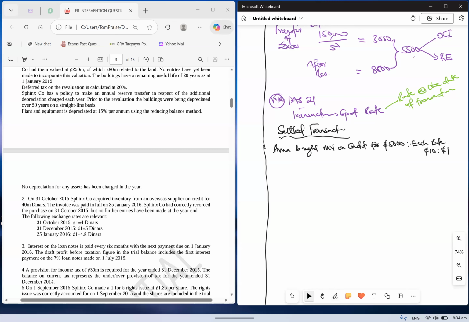How will you post it in cedis? Convert the dollar to cedis. How much will it be? And what is the double entry? You debit motor van and you credit your payable. How much is it in cedis?